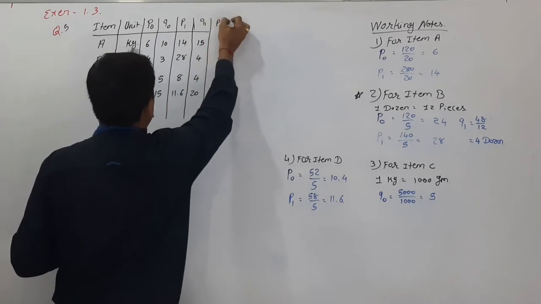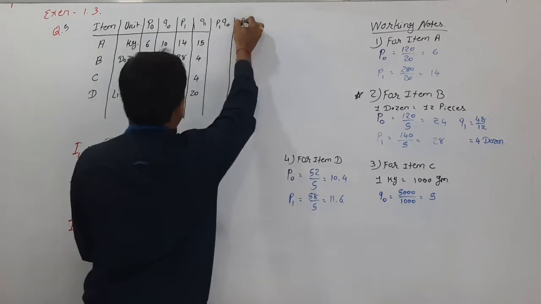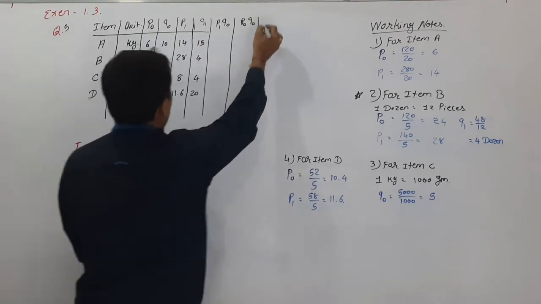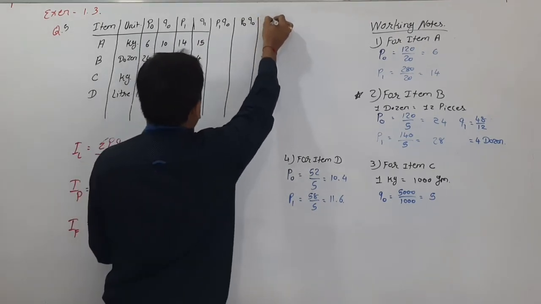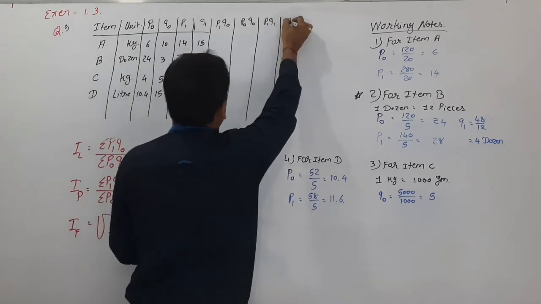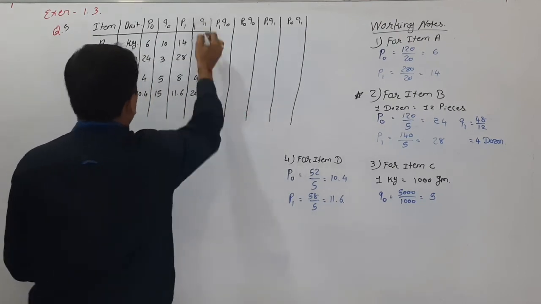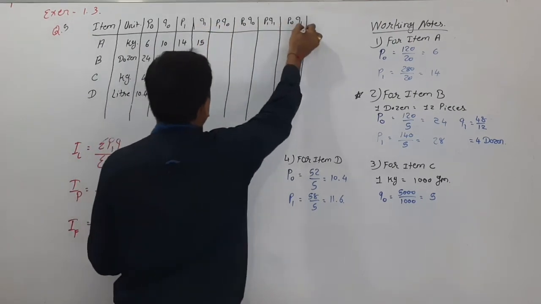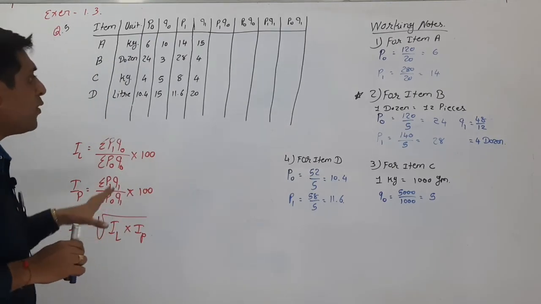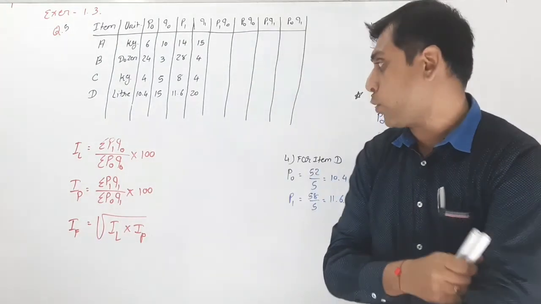P1 Q0, P0 Q0, P1 Q1, and then P0 Q1. See, it is easy to calculate. I think so. Now you can do this sum as your homework. It is easy to calculate right now.